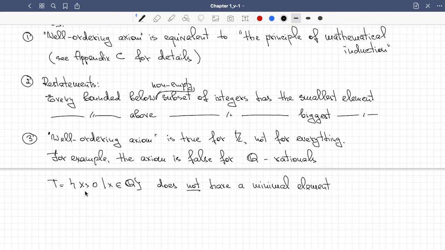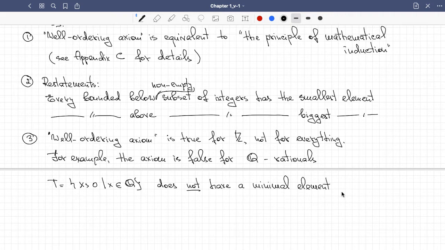We take only positive rationals. If we took non-negatives, it would have its smallest element, but now it doesn't.